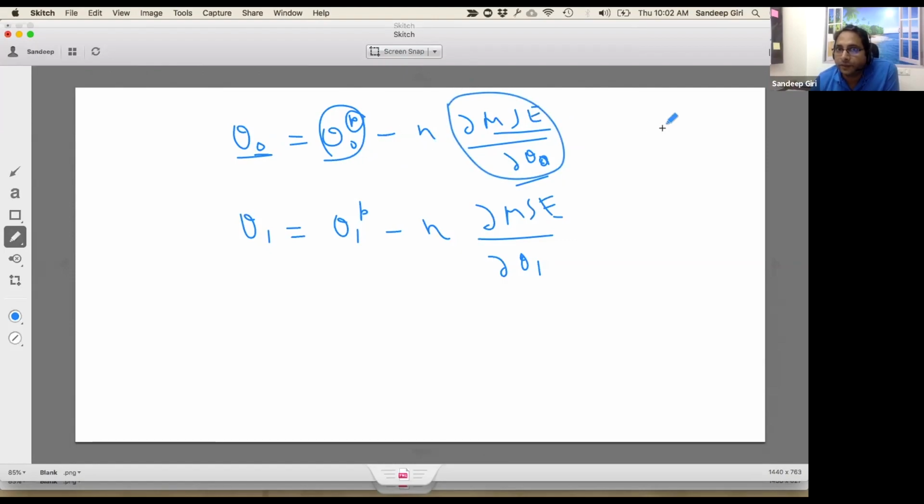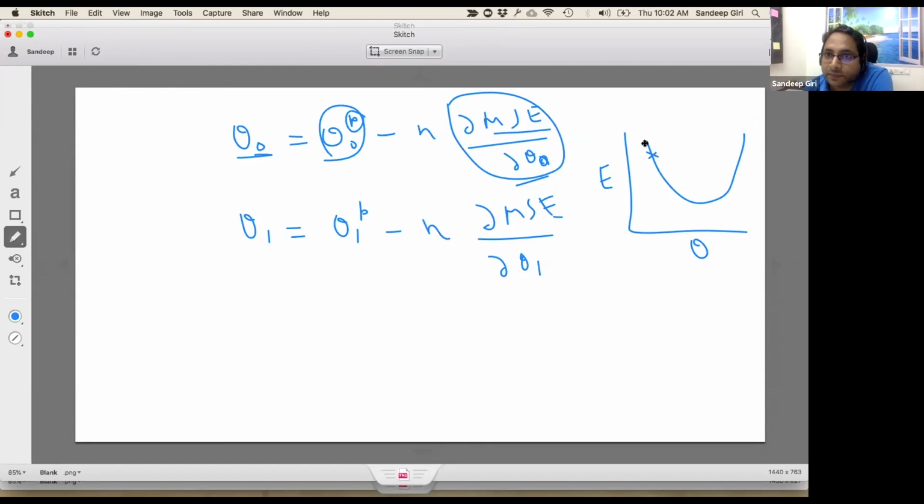Think of it this way: let's plot this error, and this is our theta. Let's say we are assuming the curve like this because it's mean squared error, so the curve is going to be a square. Now at this value of theta naught, is the error increasing or decreasing?